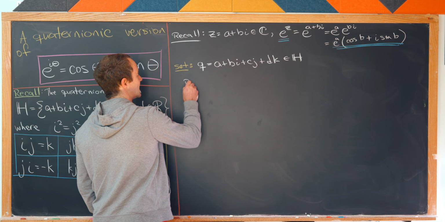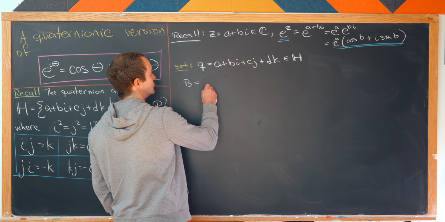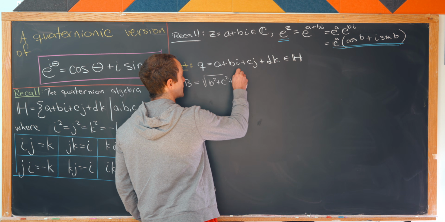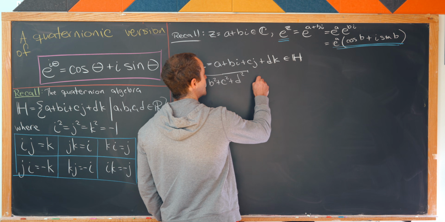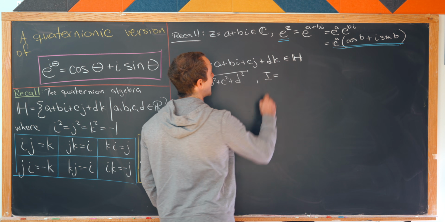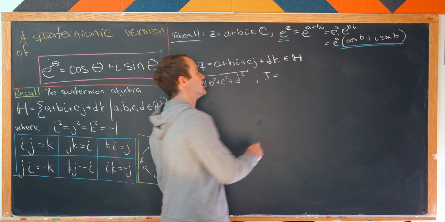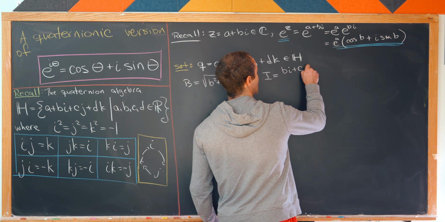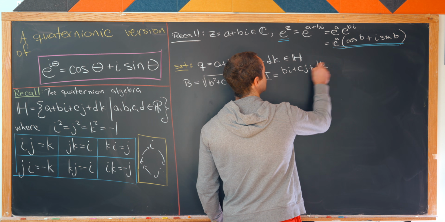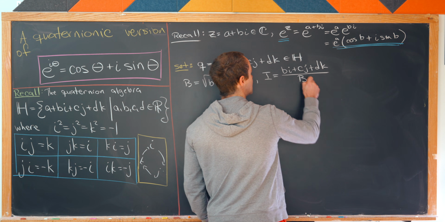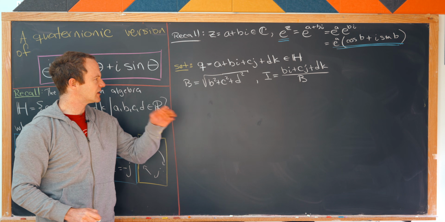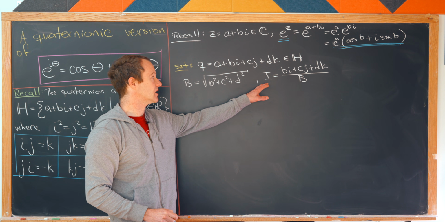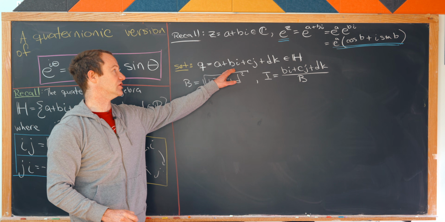Now let's introduce a little bit more notation. Let's set capital B equal to the square root of b squared plus c squared plus d squared. And then we'll set capital I equal to bi plus cj plus dk over capital B. You can think of I as being some sort of scaled version of the imaginary part of q.